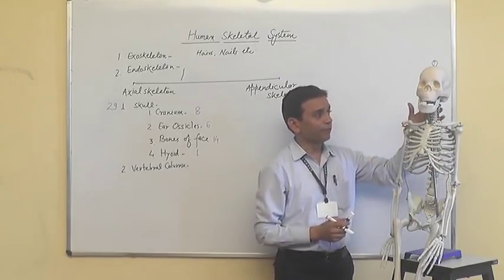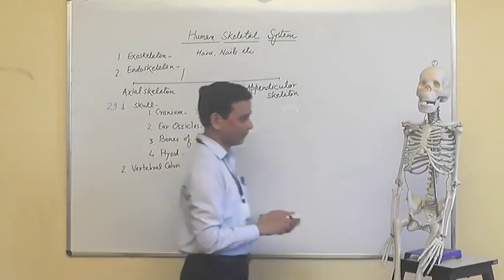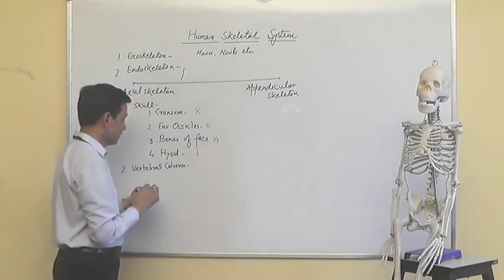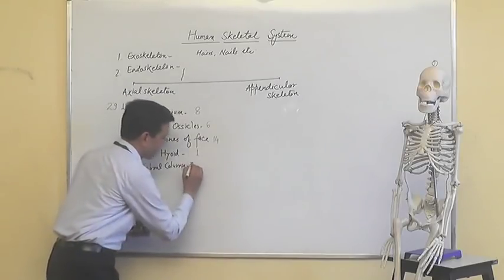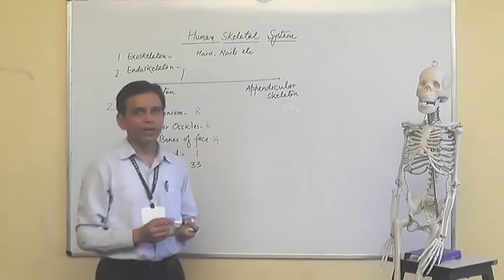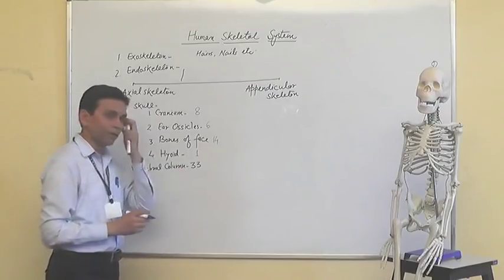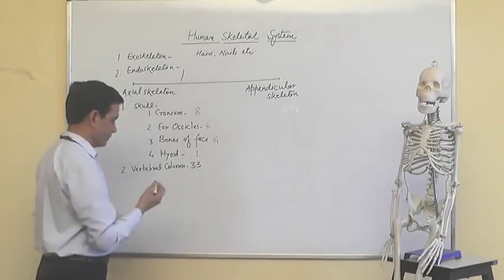It starts from the top of our neck to the end of our trunk. There are 33 bones in our vertebral column. These bones are also called vertebrae. We can group these 33 bones into 5 groups.